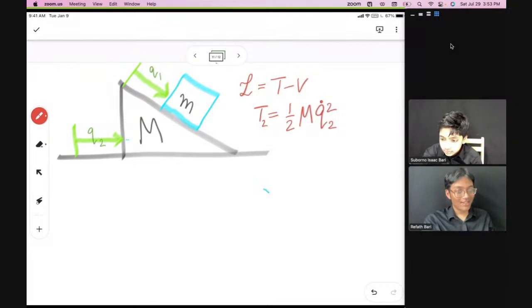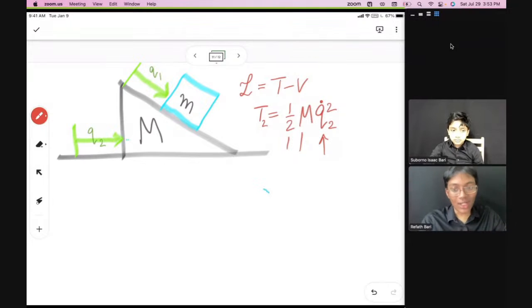So that should be the kinetic energy of our big inclined plane. Why? Well, half m v squared, right? Here, v is the velocity of the generalized coordinate q2. Does that make sense? Isn't q2 just one dimension?